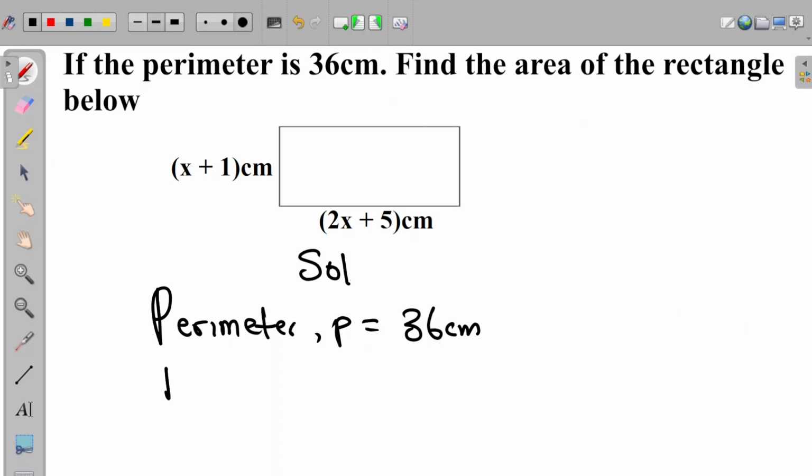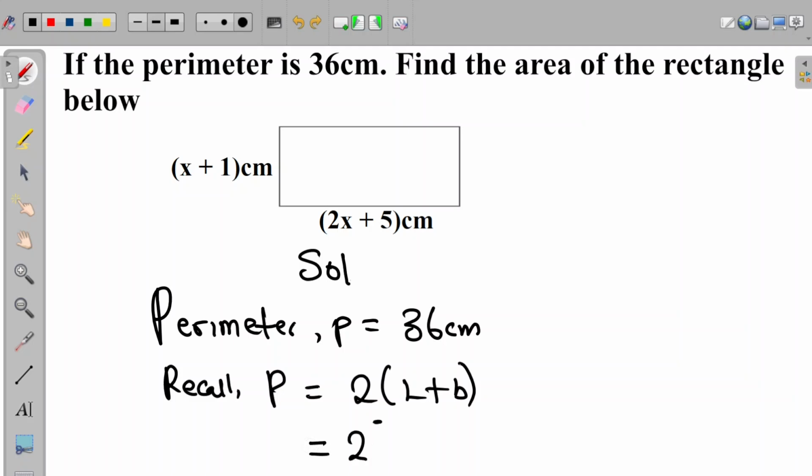Now, recall that P is equal to 2 multiplied by length plus breadth. And this is equal to 2. Recall that our length is 2x plus 5. So we have 2x plus 5 enclosed in a bracket, plus our breadth is x plus 1, also enclosed in a bracket.